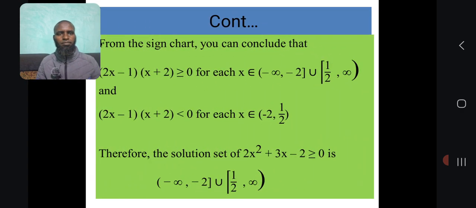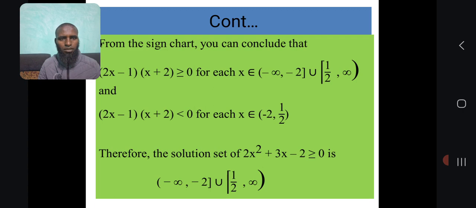You can see from the sign chart, you can conclude that (2x − 1)(x + 2) ≥ 0 for each x an element of (−∞, −2] ∪ [1/2, ∞). And (2x − 1)(x + 2) is less than 0 for each x an element of (−2, 1/2).